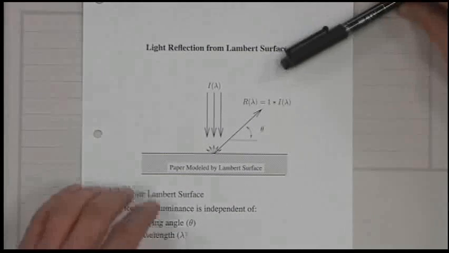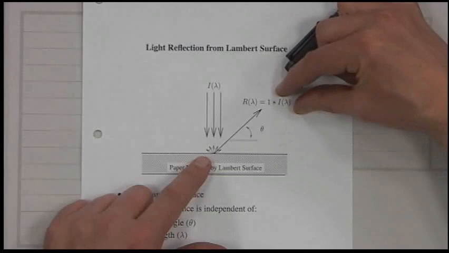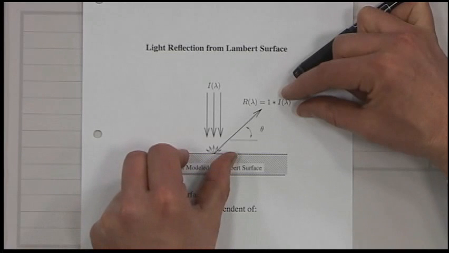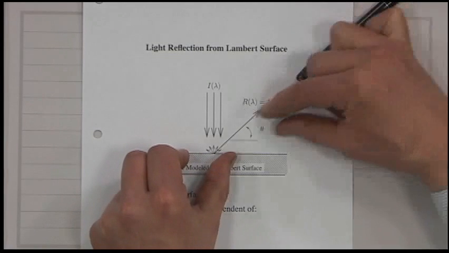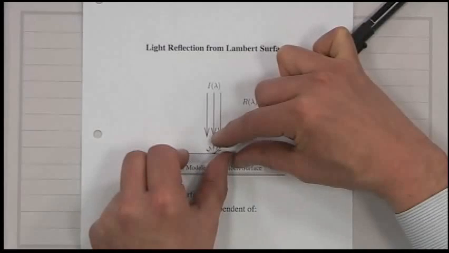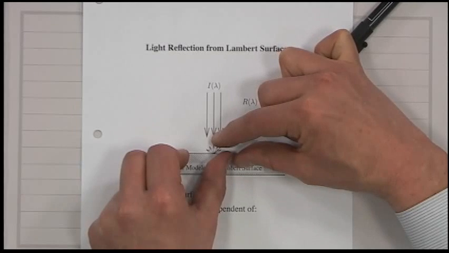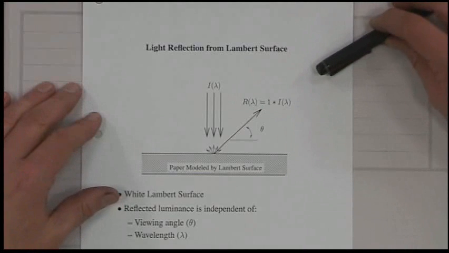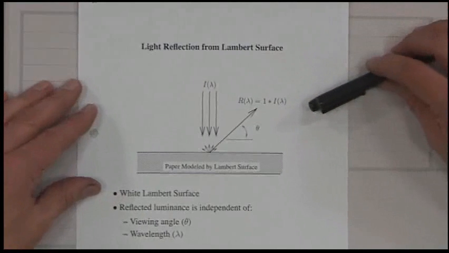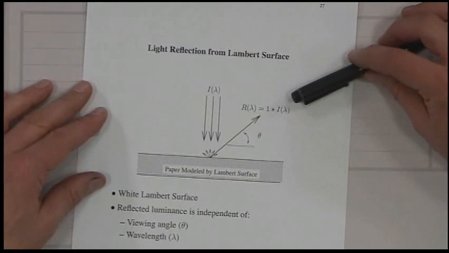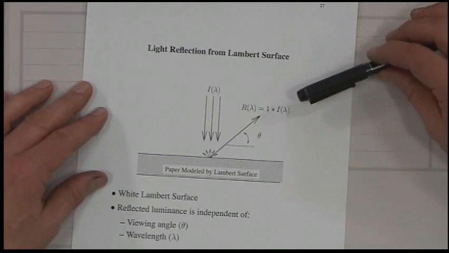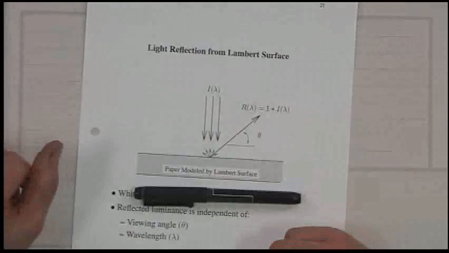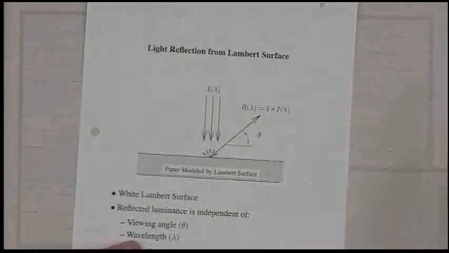Then when you look at it, at high angles the amount of surface you see for a specific subtended angle increases as 1 over cosine. So those two factors of cosine cancel out. The bottom line is that when you look at a Lambertian surface at an angle from a distance, the surface brightness is invariant to the angle of the surface, if it's a perfect Lambertian surface. So that's how it works.